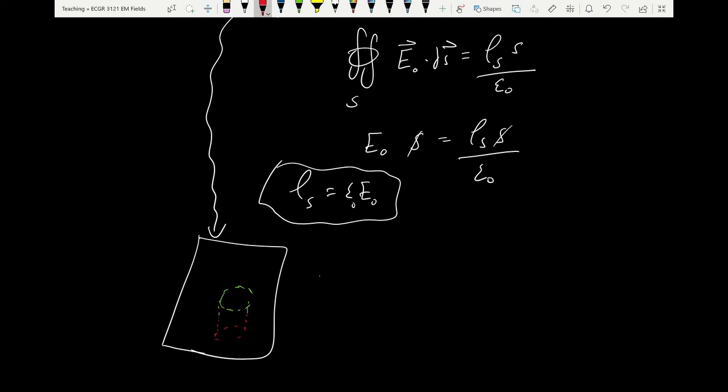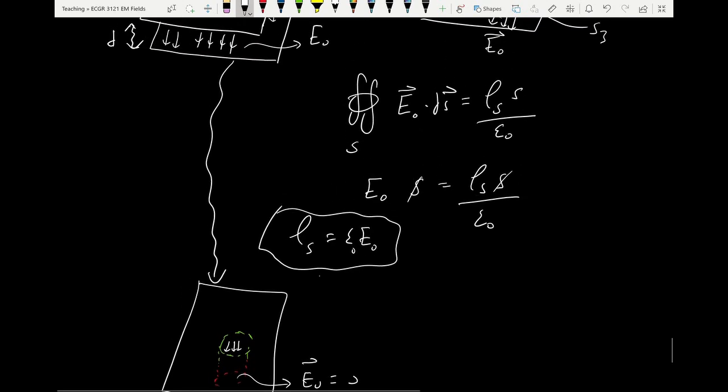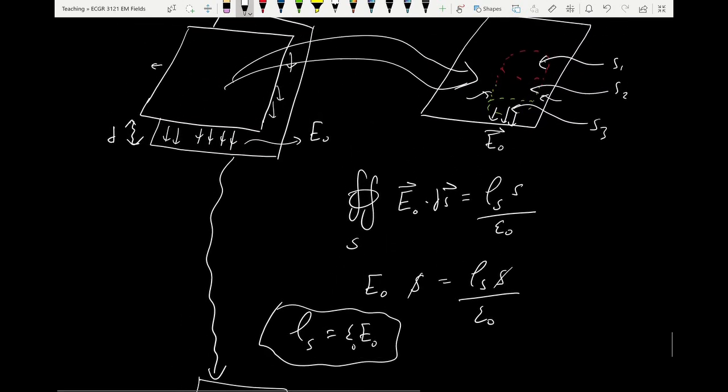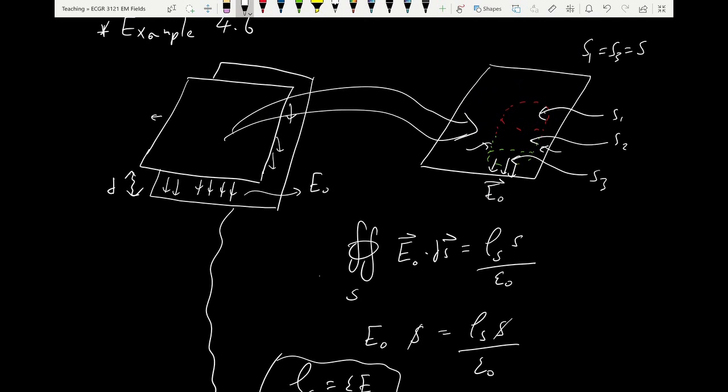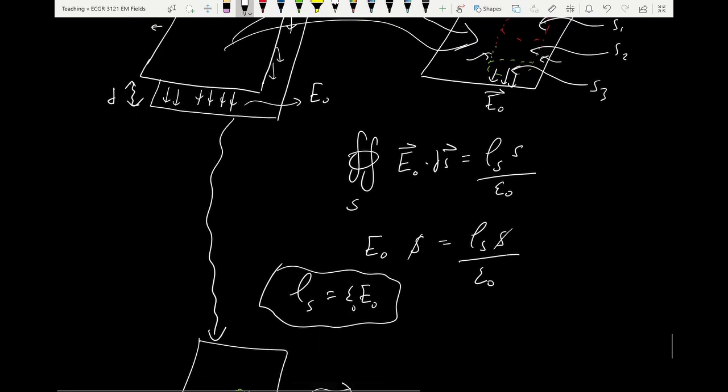There's no field in the red part, so E naught is 0 there. The field only exists here, and the field should be in this direction, right? In this case, it has to be equal to the field that we calculated here, right?